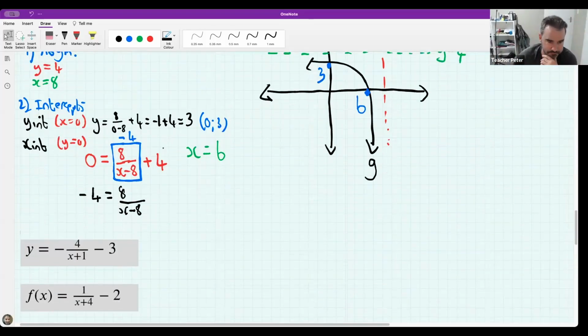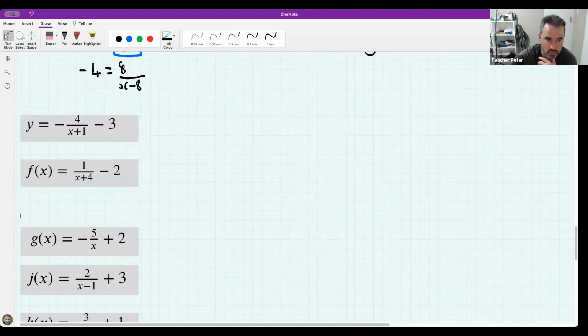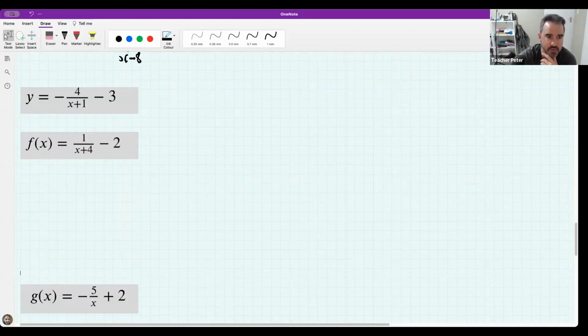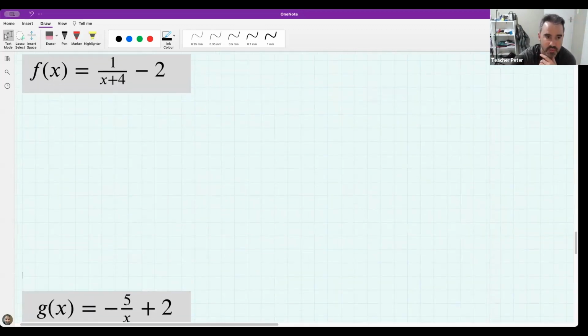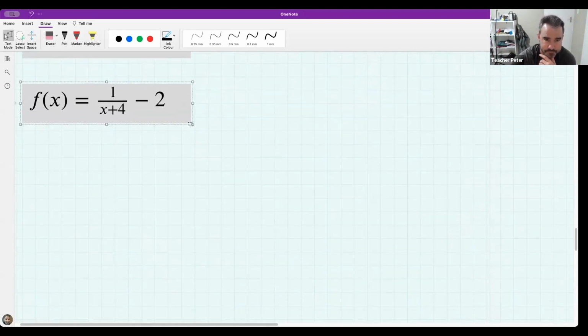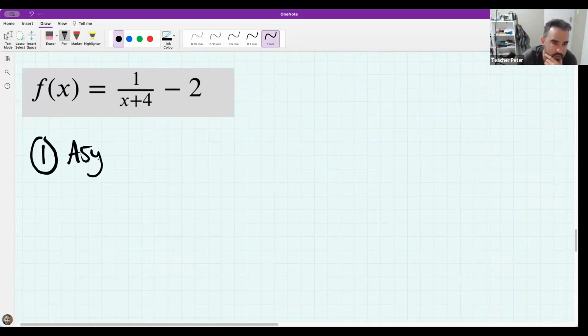Okay, so I want you to do the 3 steps all by yourself on this hyperbola. I'll let you fill stuff in the chat. So step 1 was asymptotes.